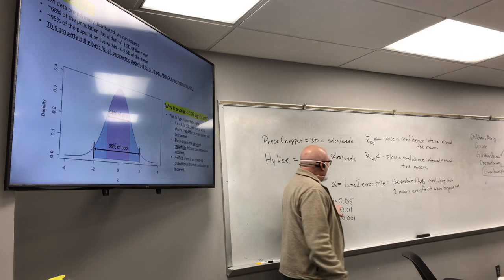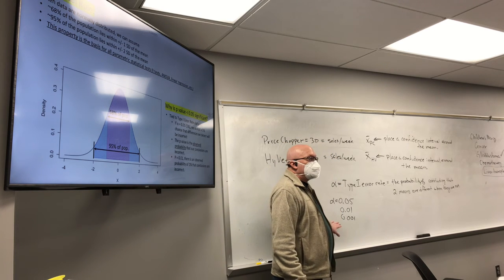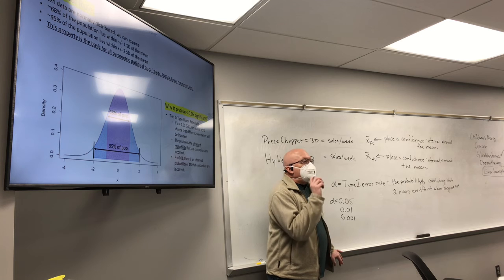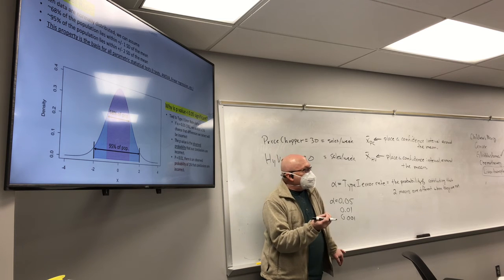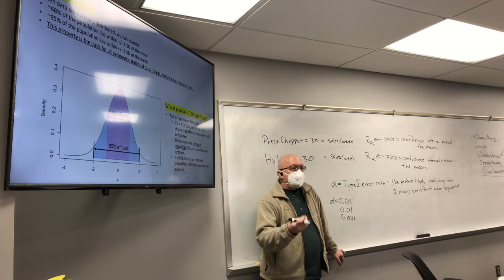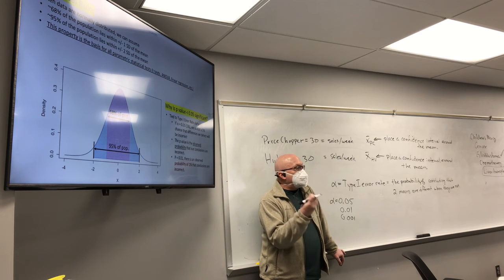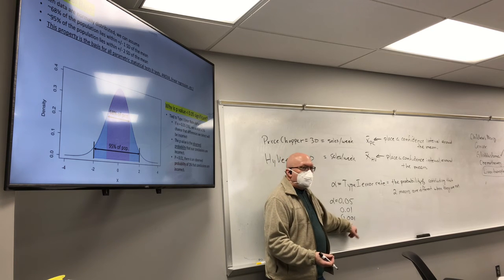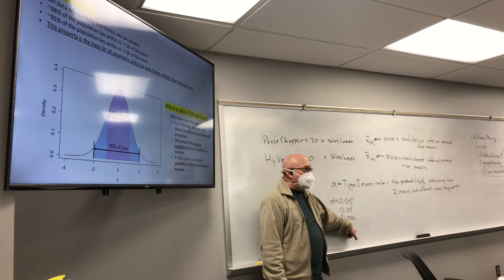When you lower this to 0.01 or 0.001, it means that when you find a difference, you are more confident that that difference is real. Because your chances of observing a difference and it not being real are really, really low, 0.1% of the time.